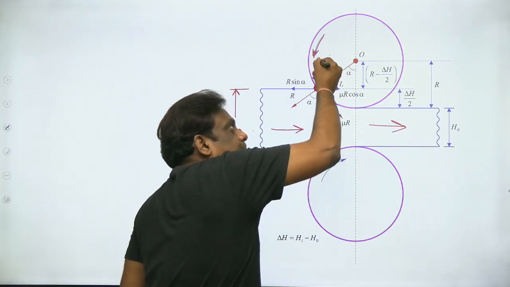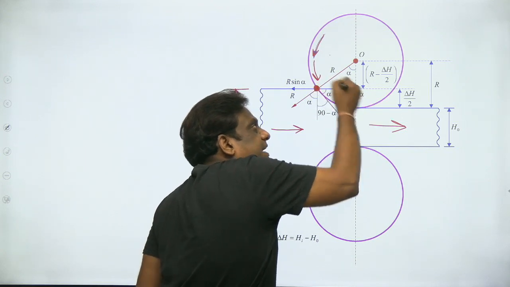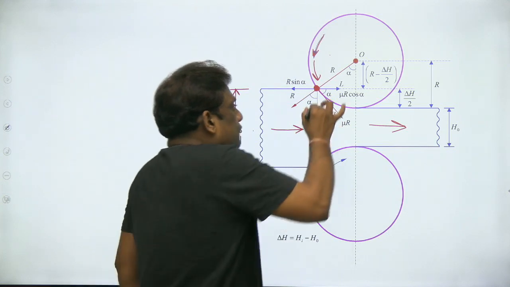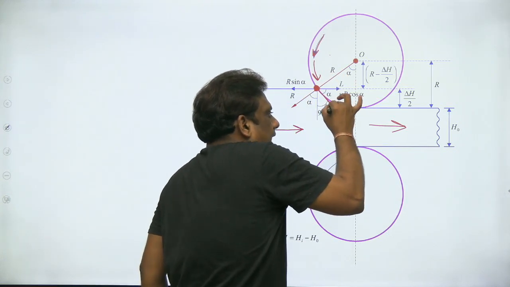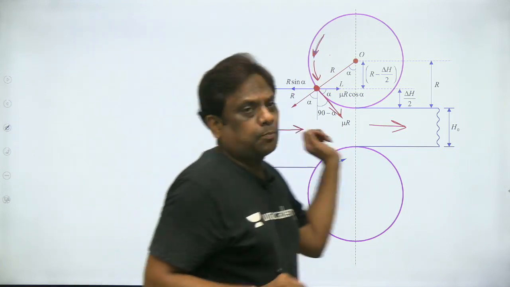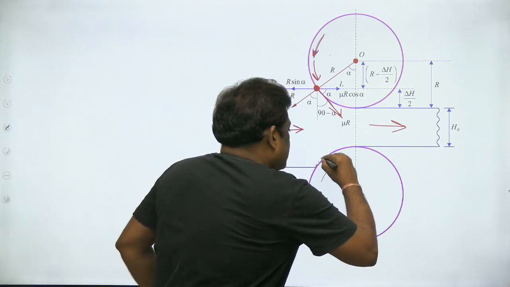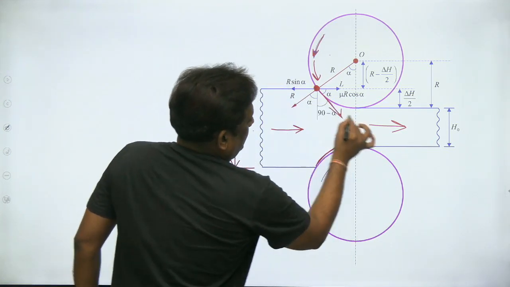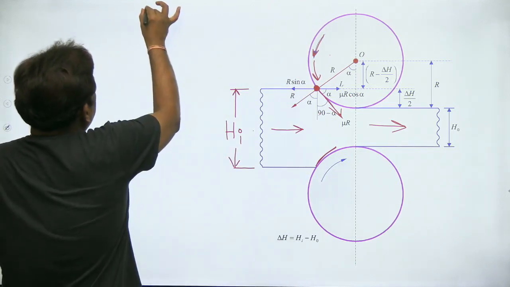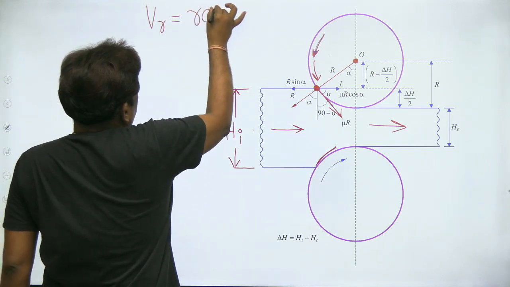So when the roller is moving like this, friction is pulling it, friction is dragging it. तो फ्रिक्शन इसको अंदर ला रहा है. Friction is dragging it because I am neither pushing it nor pulling it. So friction is causing the entry of this.